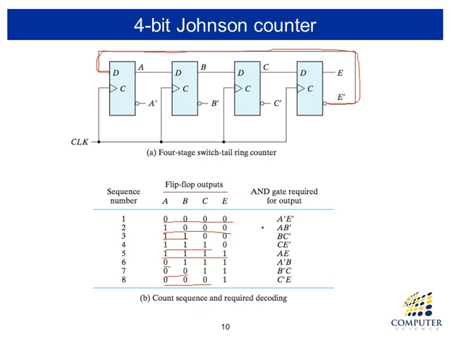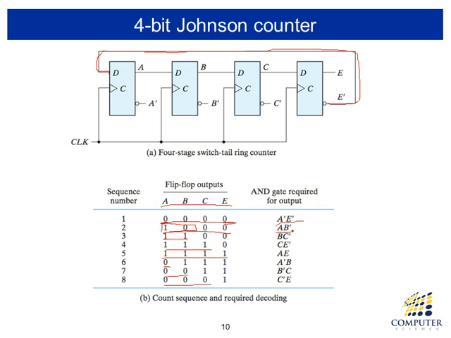But to distinguish 8 different patterns, you don't have to decode all 4 outputs. Instead, you can just decode 2 of 4. For the first pattern, the first one and the last one are both zeros, and no other pattern is such. So to detect the first pattern, only those two outputs need to be decoded. For the second pattern, the first one and second one are 1, 0, which never appears in any other state.